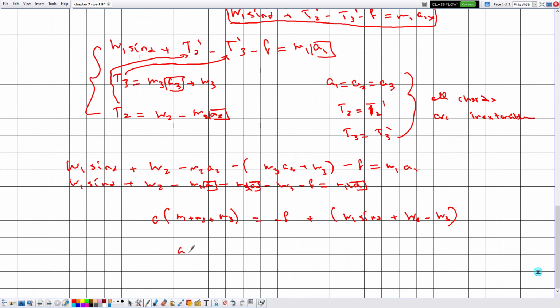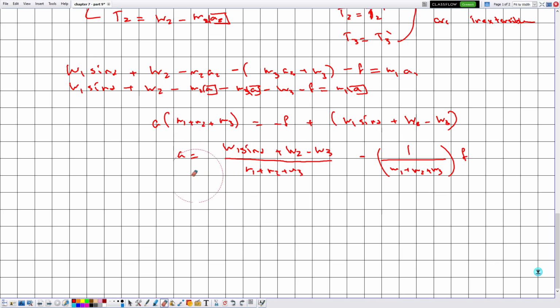So in this case, the expression of the acceleration is given by W1 sine alpha plus W2 minus W3 divided by M1 plus M2 plus M3, minus 1 over M1 plus M2 plus M3 multiplied by F. Okay, so let me do them carefully again if you want.